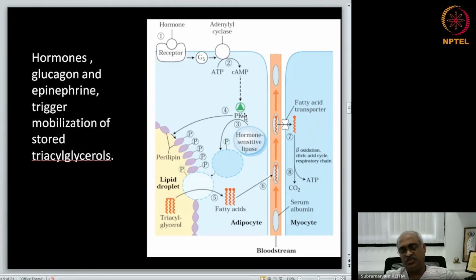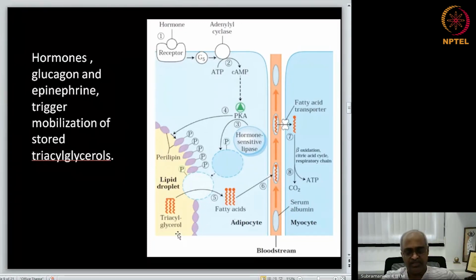And once this protein kinase becomes active, it goes and phosphorylates a lipase. It is called a hormone sensitive lipase simply because only when the hormone is there is it going to become active. And this is going to bind to this lipid droplet.